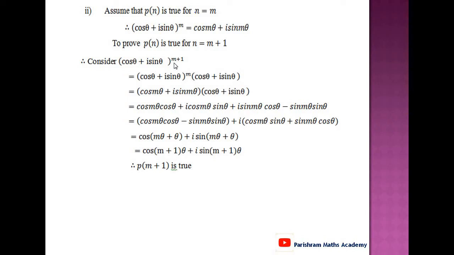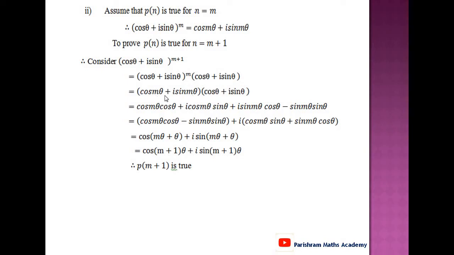Now this (cos theta plus i sin theta)^(m+1) is the same as (cos theta plus i sin theta)^m into (cos theta plus i sin theta). But (cos theta plus i sin theta)^m is the same as cos m theta plus i sin m theta, and therefore the value of the first bracket is cos of m theta plus i sin of m theta into cos theta plus i sin theta.